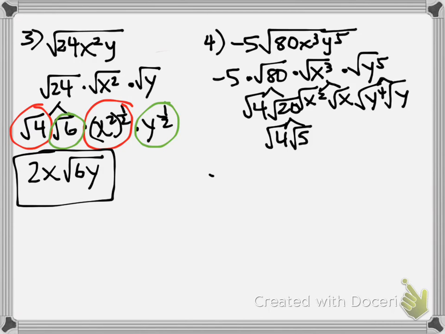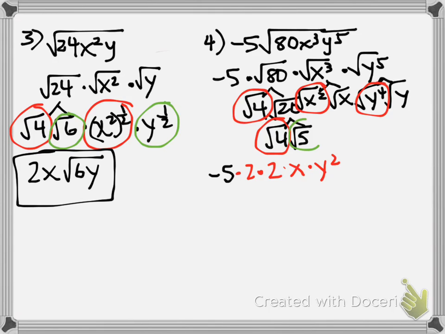All right, so here's what I'm going to do. I still have negative 5 in my answer. Now I'm going to take all the perfect squares and take their square roots. What's the square root of 4? 2. Square root of 4, 2. We had another one, right? Square root of x squared, x. Square root of y to the 4th, y squared. Remember, 4 cut in half is 2.